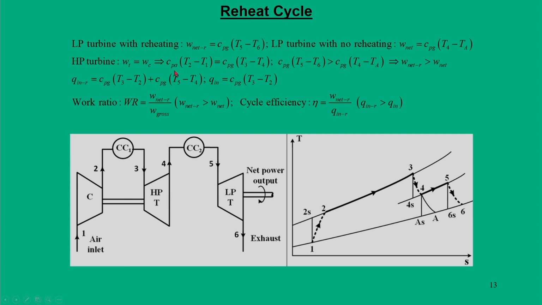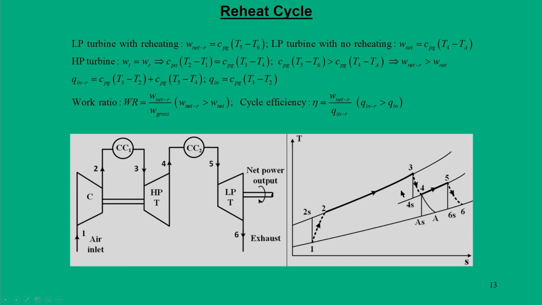Here you will see that when you look at the compressor side, it is mainly air, and when you say turbine side, it is the hot gas. That is why Cpg has been written. It is a hot gas because we already have the fuel and air mixture, so Cp would have changed, and that is T3 minus T4.